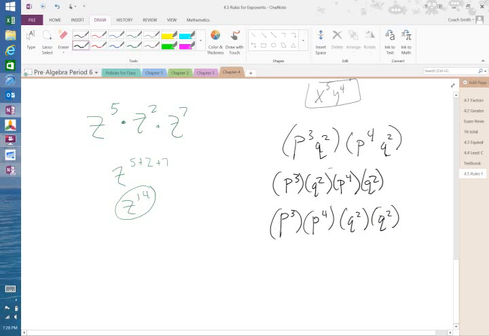Now I can simplify that down where I have p to the 7th power times q to the 4th power.